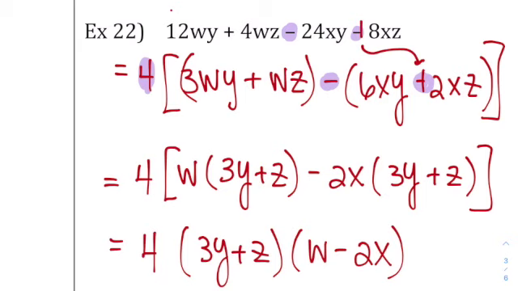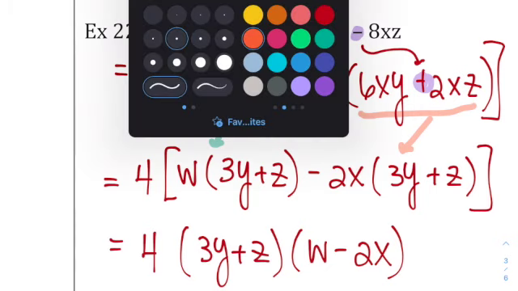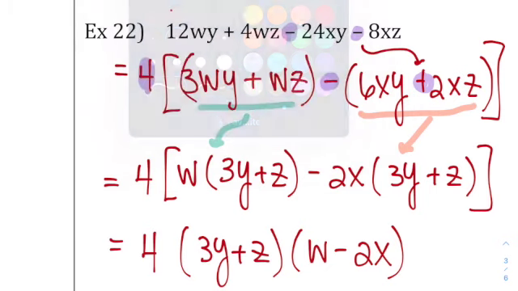So now what you're going to do is you are going to pull out the W from this set of parentheses, right? The first set of parentheses right here. That gives you this part right here. Then the second part of parentheses is going to be the ones right here. And that is going to be pulling out the 2x. But notice my sign is changed from a positive third term to a negative.